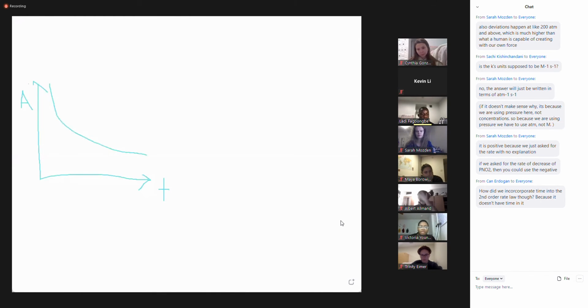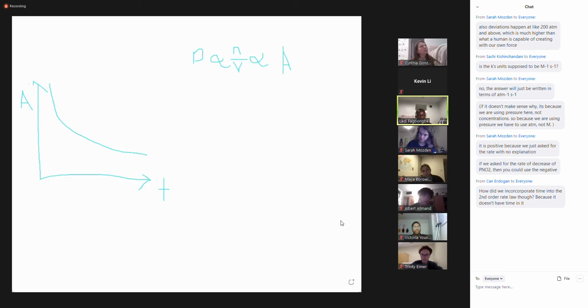So first of all, we need to remember that pressure is proportional to concentration, which is N over V. We know that from the ideal gas law. And that is proportional to your absorbance, A. So high pressure means high absorbance.